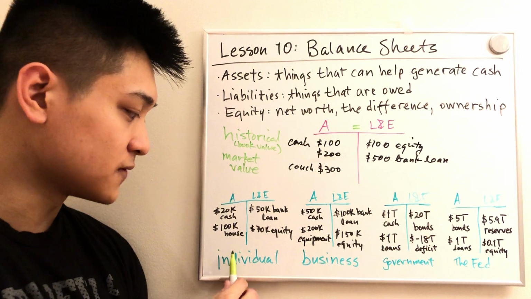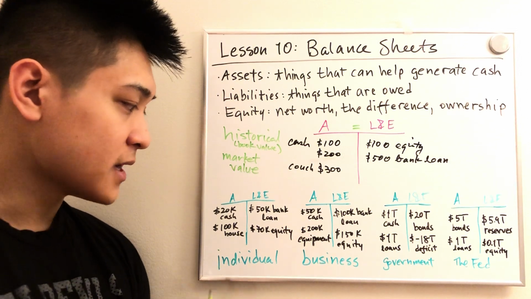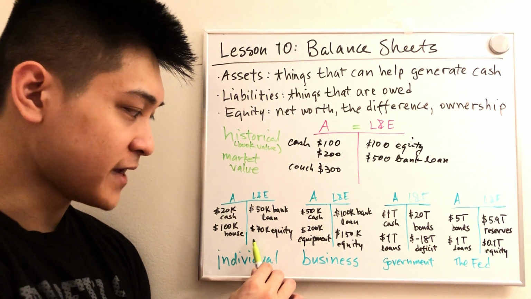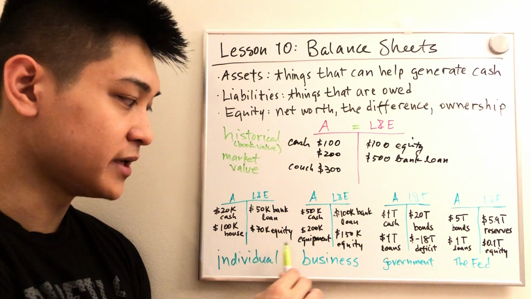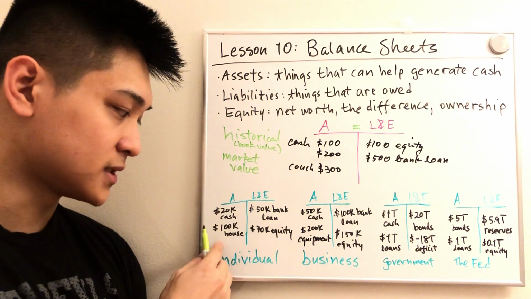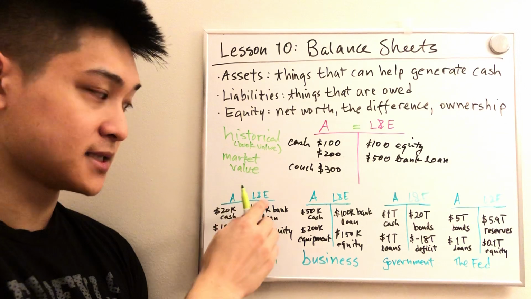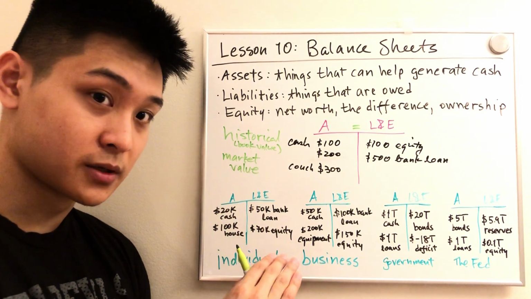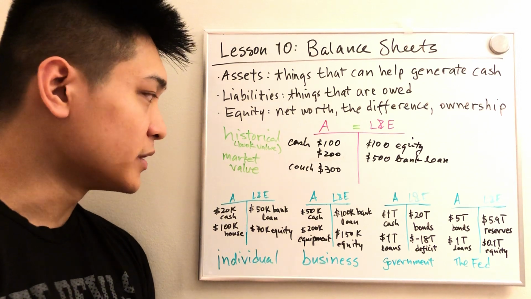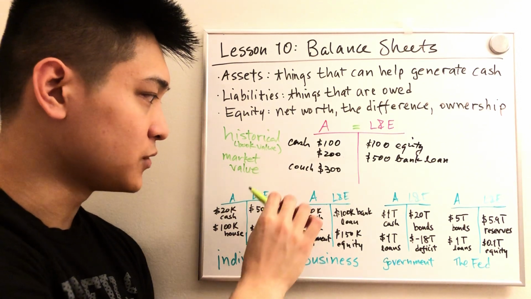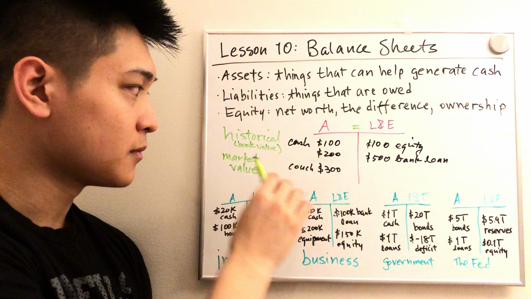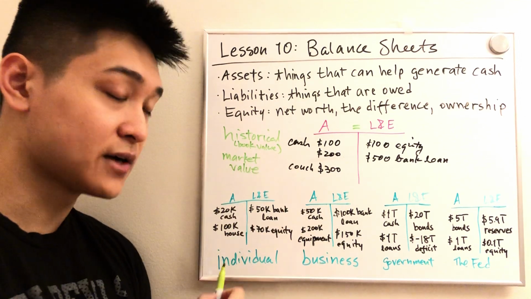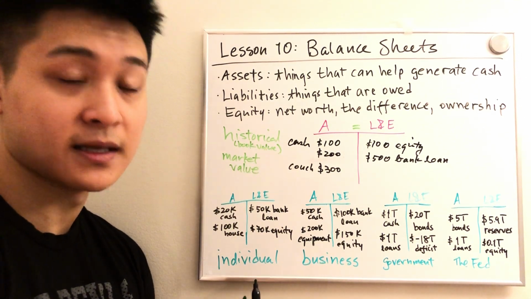However, if my house falls in value, then that directly affects my equity, my ownership value, because if I were to sell the house at a lower value, I still owe $50,000 to the bank, but my equity is lower. So in that sense, the market value is more flexible, because the historical book value of that house was just whatever I purchased it at, and that will not change.